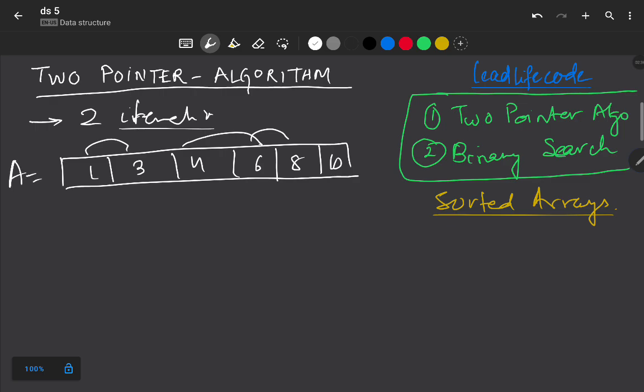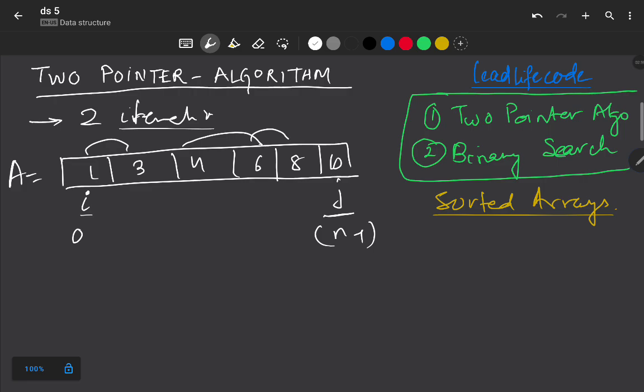Let us say this is an array A. We will have an I and a J. In the lowest index we start one iterator, and from the highest index we start another iterator, so basically 0 and n minus 1.